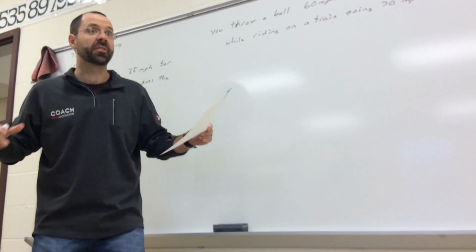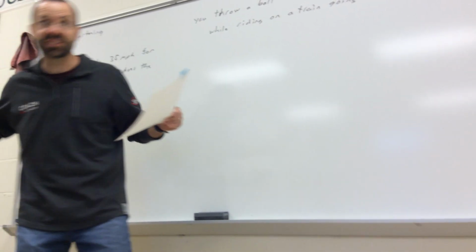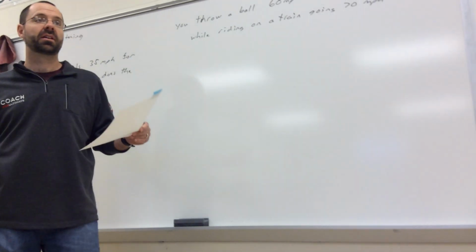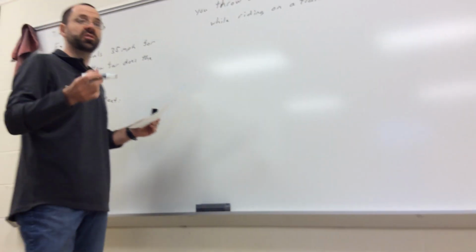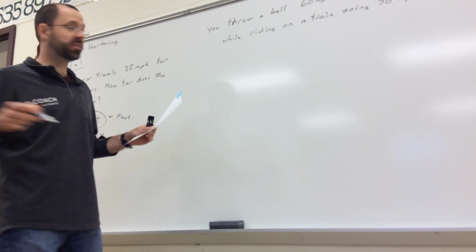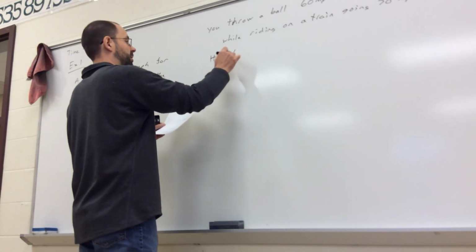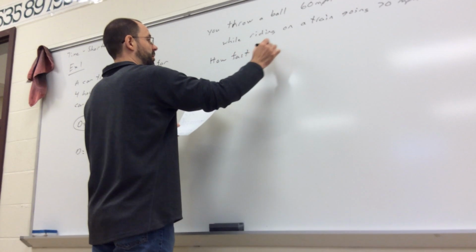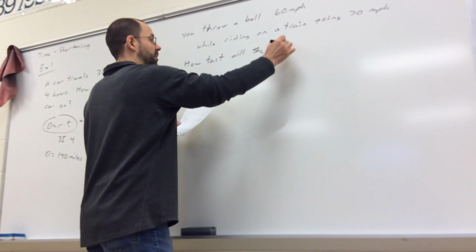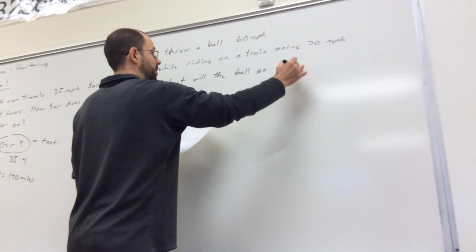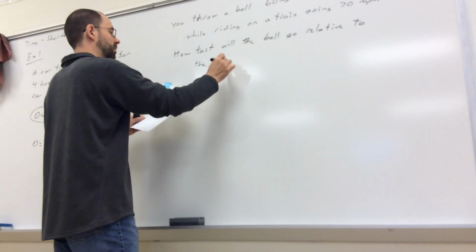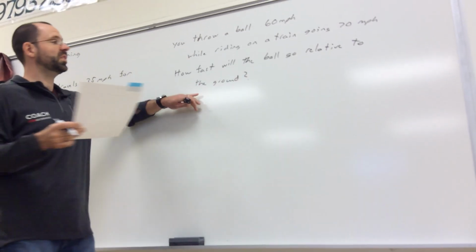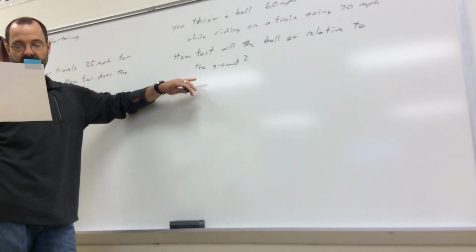And you're standing on the train, and the train is traveling 70 miles an hour. And you throw the ball at 60 miles an hour, right? So my question is, how fast will the ball go relative to the ground?